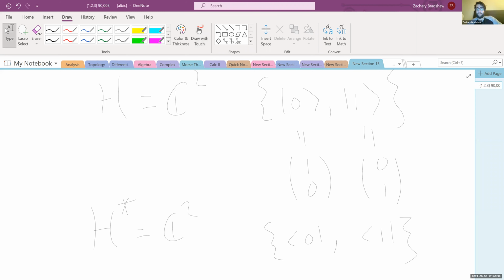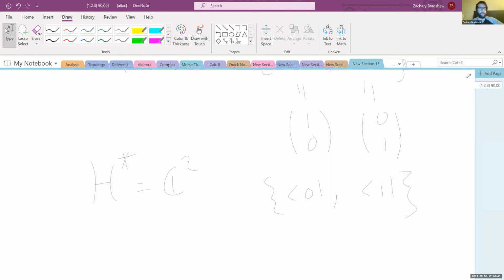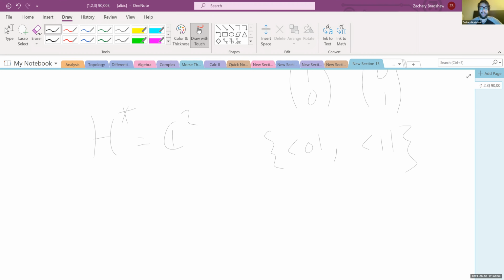There really is no substitute for learning linear algebra from an actual linear algebra text, but we'll try to pick up the highlights here. The dual basis has the property that if you take 0 inner product with 0, what you get is 1. Inner product of 0 with 1 is 0, 1 with 0 is 0, and 1 with 1 is equal to 1.